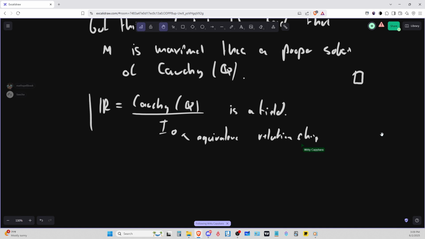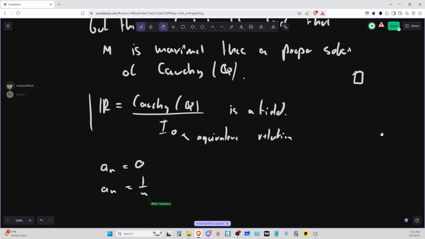Okay, so it's an equivalence relation. The way you want to think about it is, as in the example I showed you earlier, if you want to represent 0 with a Cauchy sequence, there are a lot of Cauchy sequences that represent 0. For example, I can take a_n equal to 0, that's the obvious one. But I can also take the sequence 1 over n.